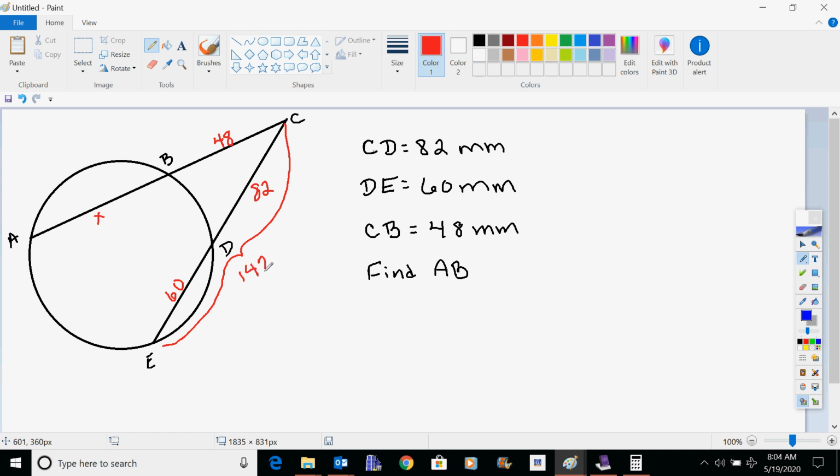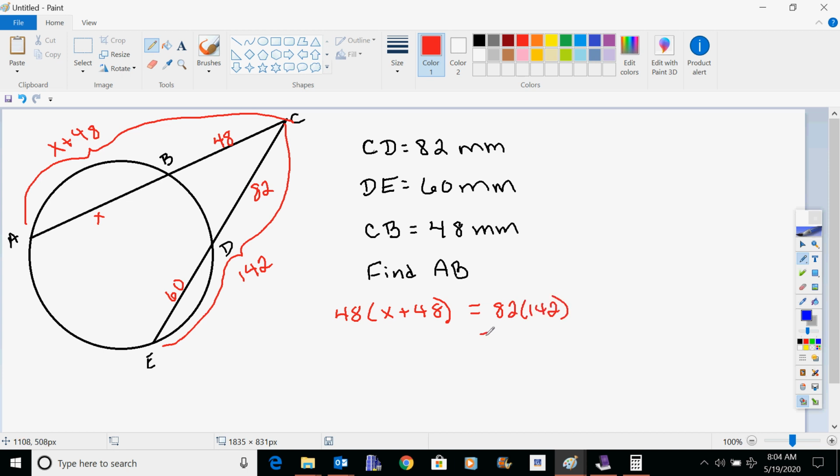So this is 142 when you add them. This one, when you add them up, is x plus 48. So that when you're multiplying, you're taking 48 times x plus 48 equals 82 times 142.